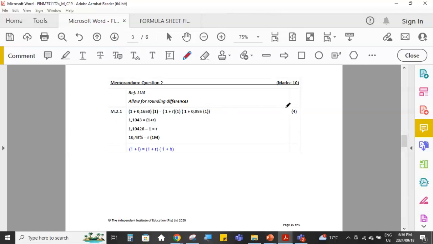The whole question is worth 4 marks. There's already 3 marks just for getting your formula correct and for doing the correct substitutions. And there's only 1 method mark for then doing the maths to work out, using algebra, that R is equal to 10.43%.